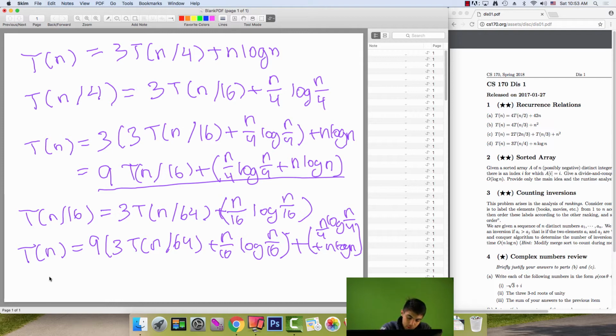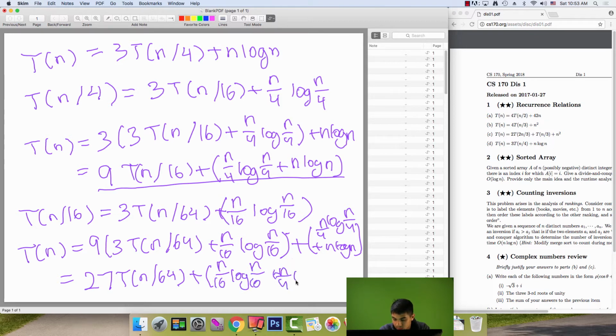Okay, and so when we expand that, we get 27T(n/64) plus (n/16) log(n/16) plus (n/4) log(n/4) plus n log n.